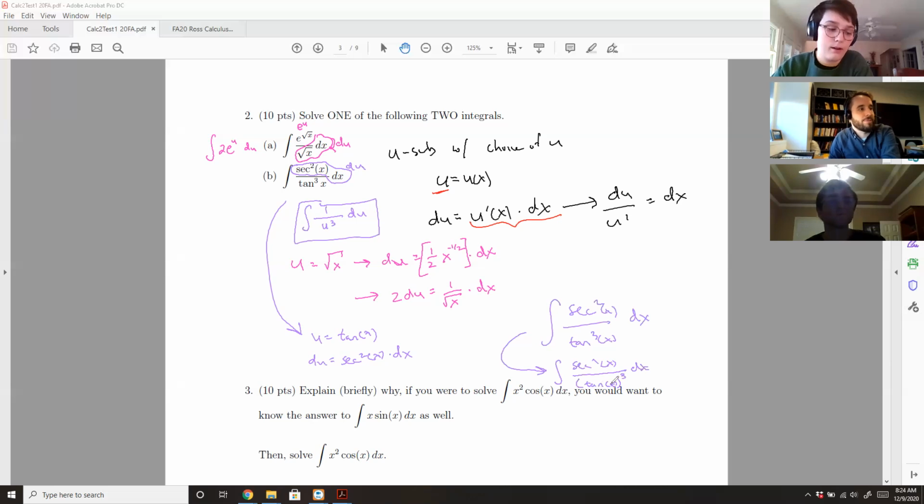So I have the tangent expression in the parentheses here, and that's what I'm cubing. And in that sense, having the tangent in the parentheses is another strong signal that it is a good choice of u, similar to how up here, the square root was in the exponent. That was a sign that that could make a good choice of u. The fact that here it's that expression that's being cubed could make it a good choice of u as well. So there's that intermediate step, and then it just becomes a u cubed instead.